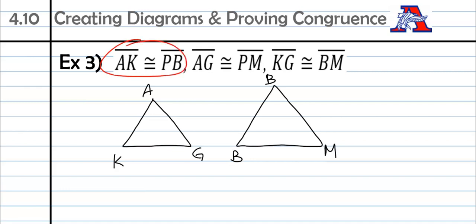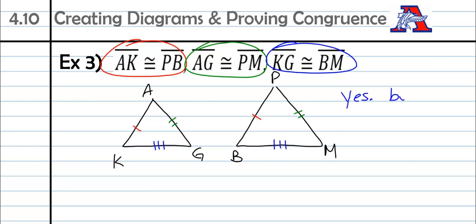So AK is here. Oops, that should be a P up here. And PB is here, so mark them. AG and PM, here's AG, here's PM. And then KG is here and BM is here. So side, side, side. So yes, they are congruent by side, side, side.